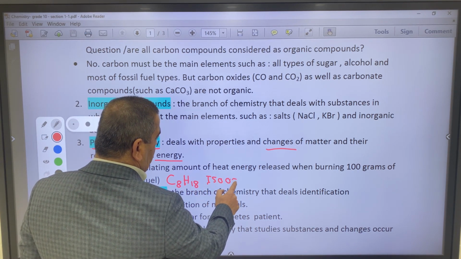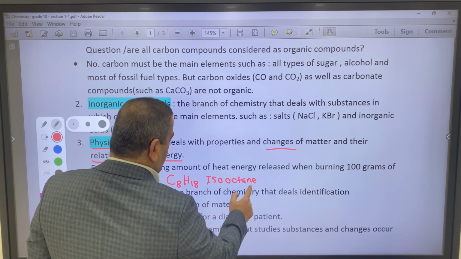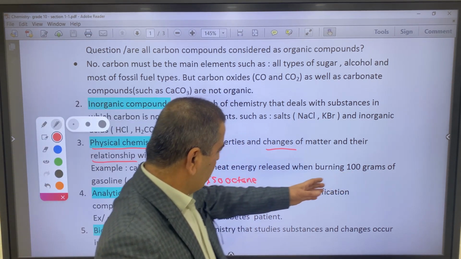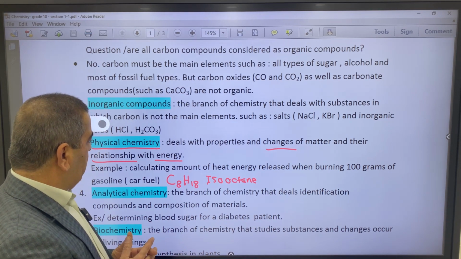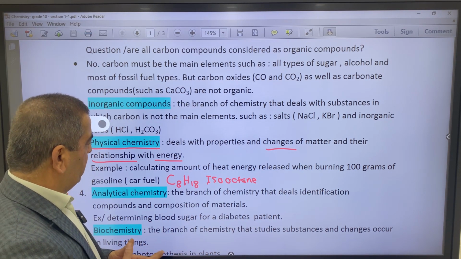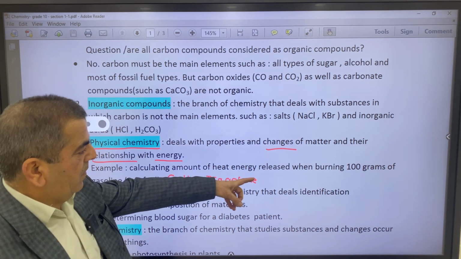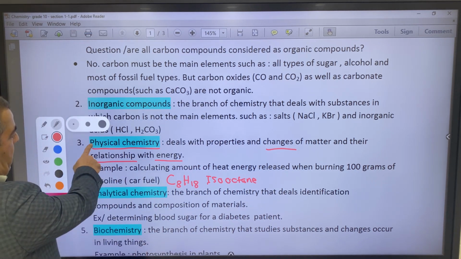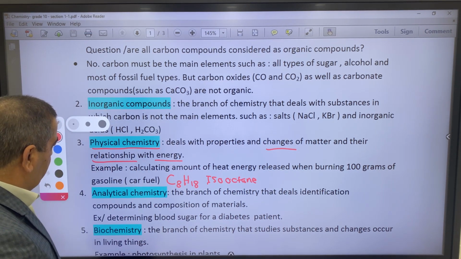So when you burn 100 grams of isooctane and do calculations to find the amount of heat released, you're working in the field of physical chemistry.